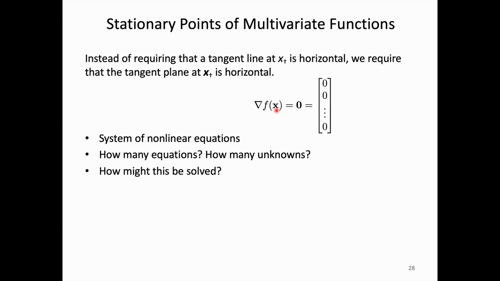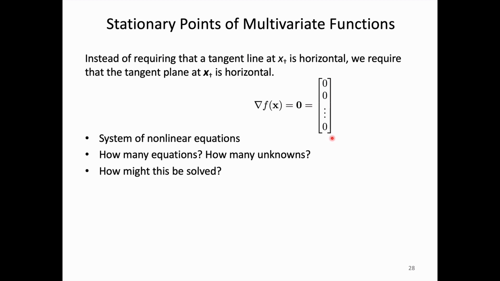How might this be solved? Well, we have this nonlinear system of equations, and we could use some general numerical solution algorithm for solving nonlinear systems of equations. This might be something you've seen before. You've certainly solved linear systems of equations, but many nonlinear systems of equations are not solvable just by hand.